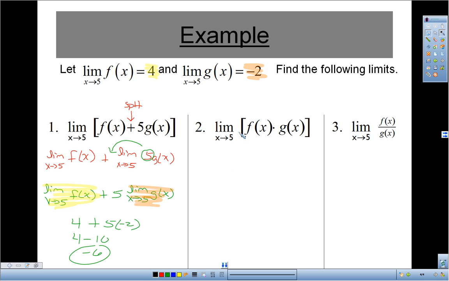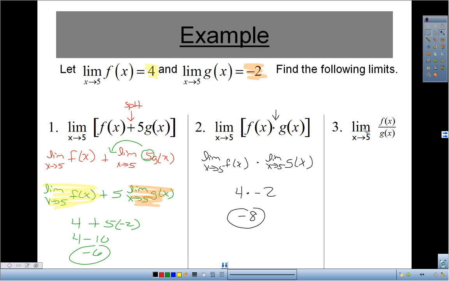Alright, let's take a look at number 2. Again, I can split that apart into the limit as x approaches 5 of f of x times the limit as x approaches 5 of g of x. The limit for f of x was 4. The limit of g of x was negative 2. 4 times negative 2 is negative 8.